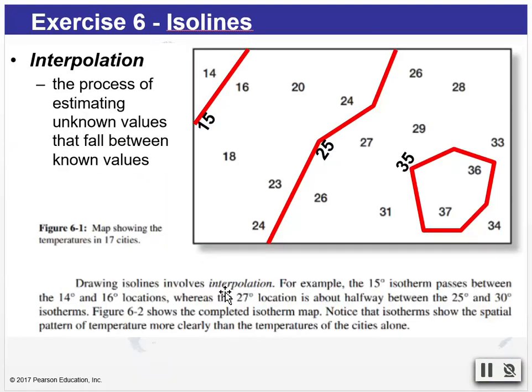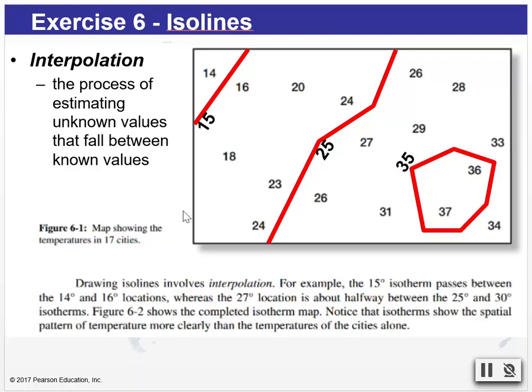Before we dive deeper into this, another component that needs to be mentioned is that we are often going to be tasked with interpolation. It's basically the process of estimating unknown values that fall between known values. So again, this practice image has been taken straight from your lab manual, and I've provided an example, the red lines, as to where we might interpolate the data existing for isotherms at 15 degrees, 25 degrees, and 35 degrees.